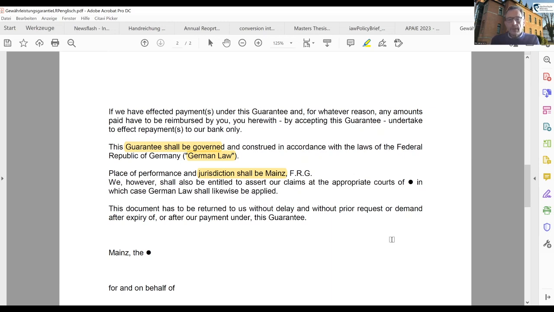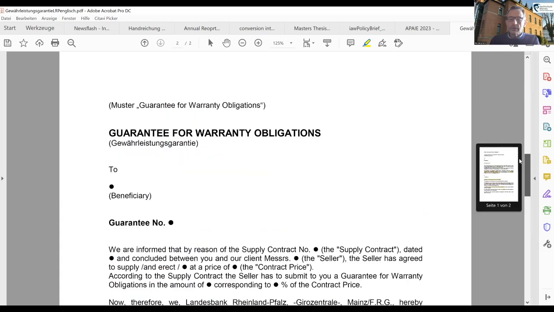The critical thing here, in that case for the seller who ordered the guarantee at his bank, is that it is an abstract instrument. So it has nothing to do really with the goods.